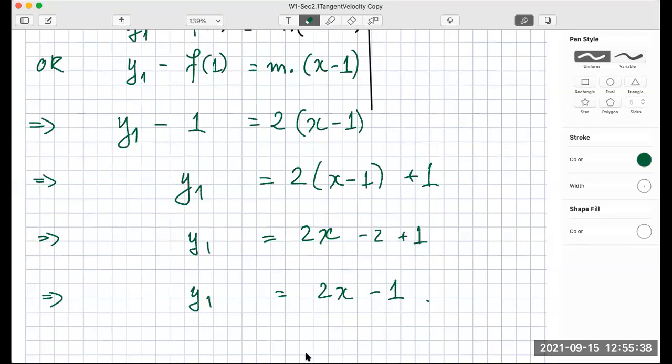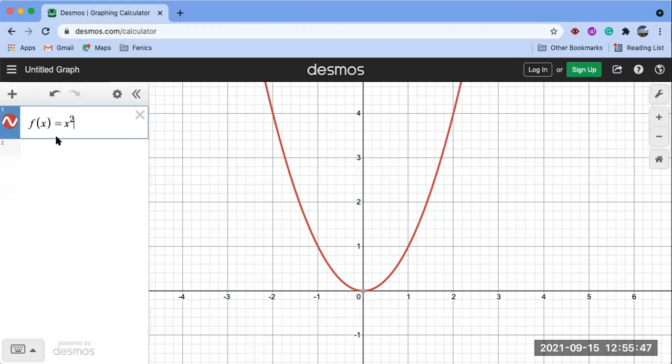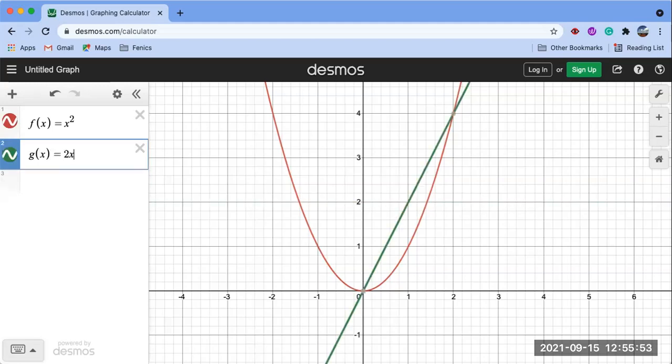Now, we can definitely play with the tools here. So let us draw the tangent line g of x. We just found that it is 2x minus 1. You see it?